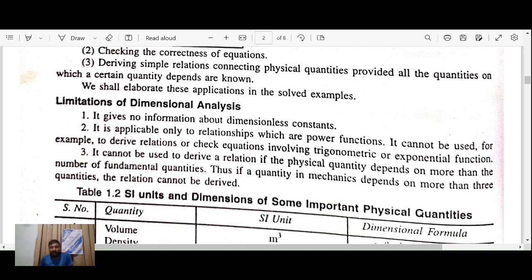Number two, it is applicable only to relations which are power functions. It cannot be used to derive relations or to check equations involving trigonometric and exponential functions. If there are sine, cosine, logarithms or exponentials, we can't just write it. That is a failure.